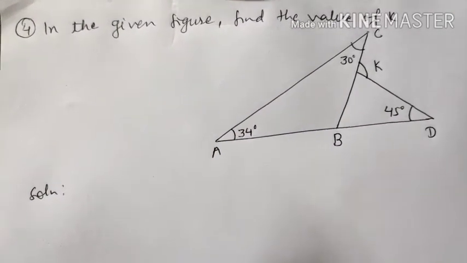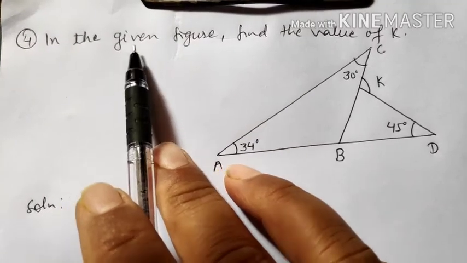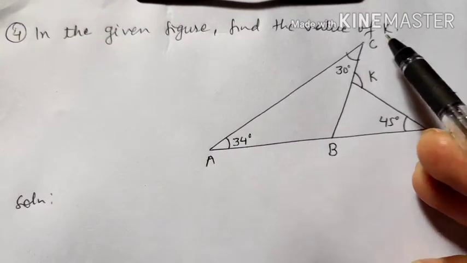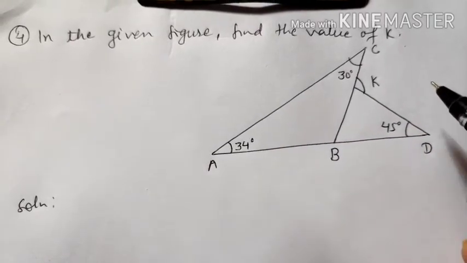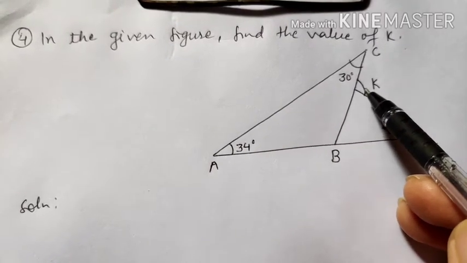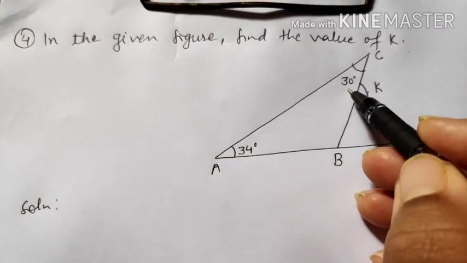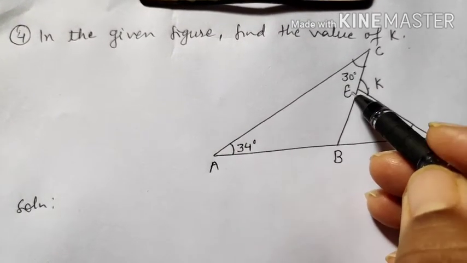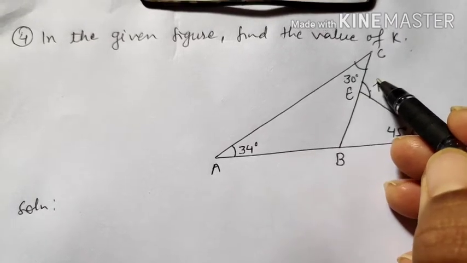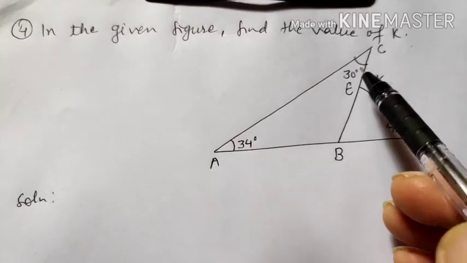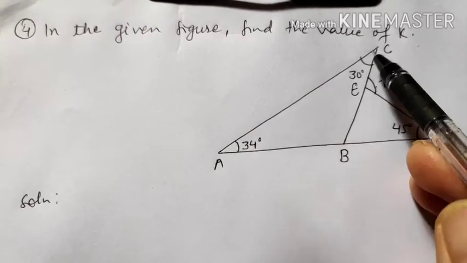Now our next question is, in the given figure find the value of K. So here a figure is given and we have to find the measurement of this angle, and measurement of angle is K. So we have to find the value of K. So see here, first see the triangle ABC.